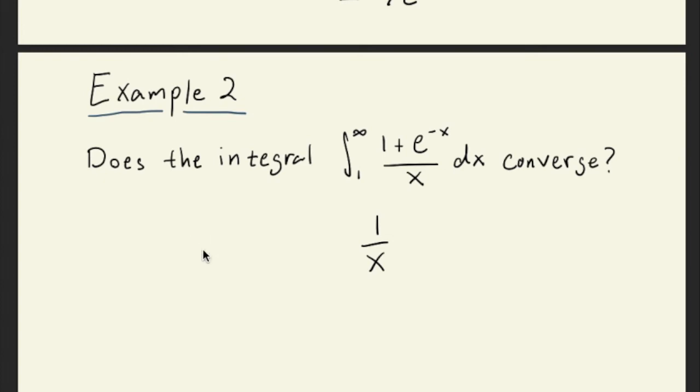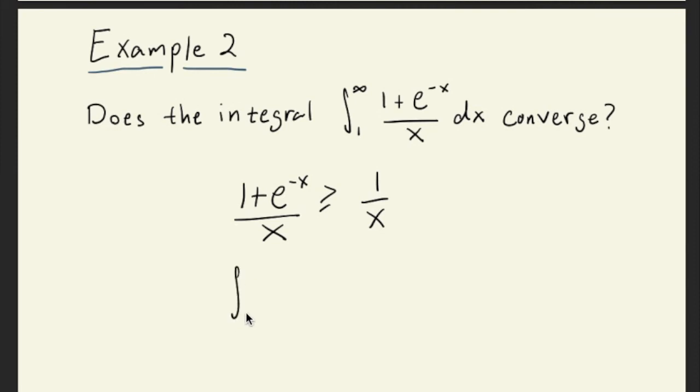So 1 plus e to the negative x, that's 1 plus a positive number. So this is bigger than 1, and so this divided by x is bigger than 1 divided by x. So if that's the case, then the integral from 1 to infinity of 1 plus e to the negative x over x dx is greater or equal to the integral from 1 to infinity of 1 over x dx.